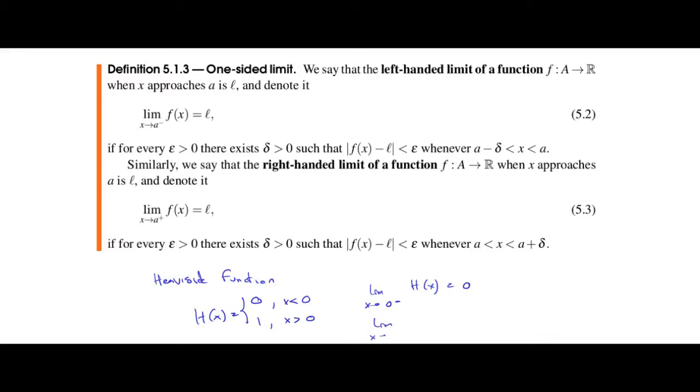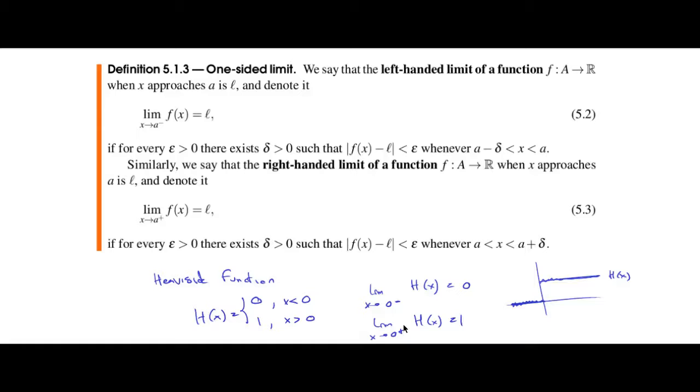And the limit when x approaches 0 from the right is clearly 1, right? So this is h of x. It's also called the step function, because it takes a step at 0.